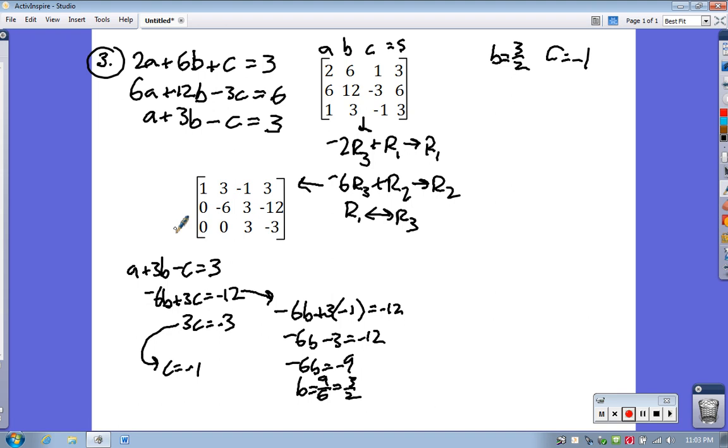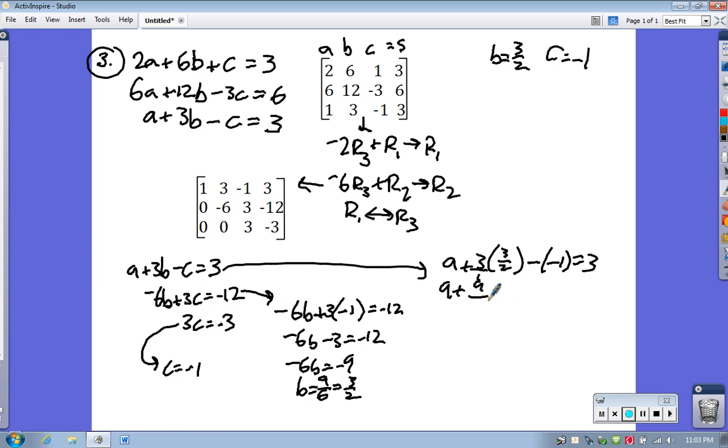I have both C and B, so I can plug them both into this equation and then solve it for A. So A plus 3B, B's 3/2, minus C, C's negative 1, so minus a negative 1 equals 3. So I have A plus 3 ones times 3/2, multiply straight across, is 9/2.